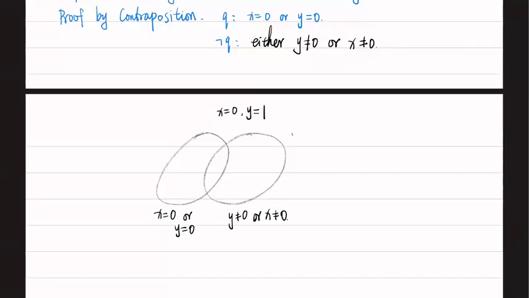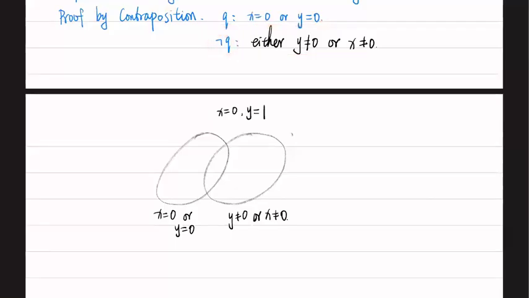Okay, so if this is the negation, we would have a case that makes both true. This cannot happen if this is the negation. A statement and its negation can only have one truth.